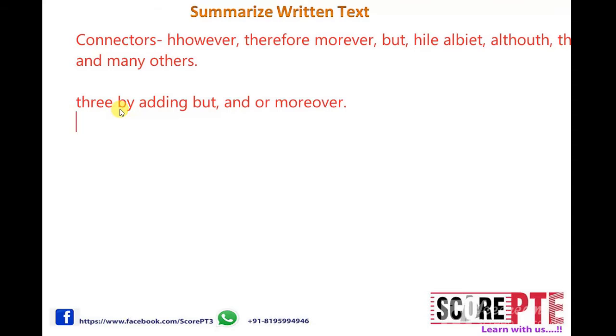But using these 3 connectors you have to be more accurate in sentence formation, like what is the sentence meaning in first and what you are going to write in your second sentence, to connect both of these sentences, what kind of connector you have to use. Okay, like for example, how can we use it: first sentence, then we use but.